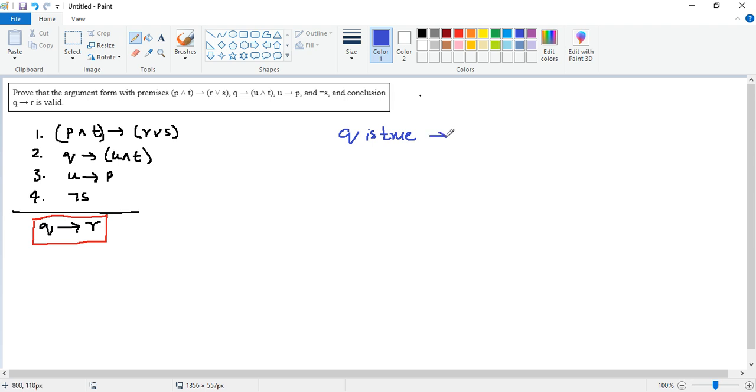If Q is true, then R has to be true. So if we start by assuming Q as true and can reach the conclusion that R is true, that's enough. We don't have to consider the case where Q is false, because if Q is false, then Q implies R is anyway true. So we only have to worry about this case. So that's what we'll do. We'll assume Q as true.